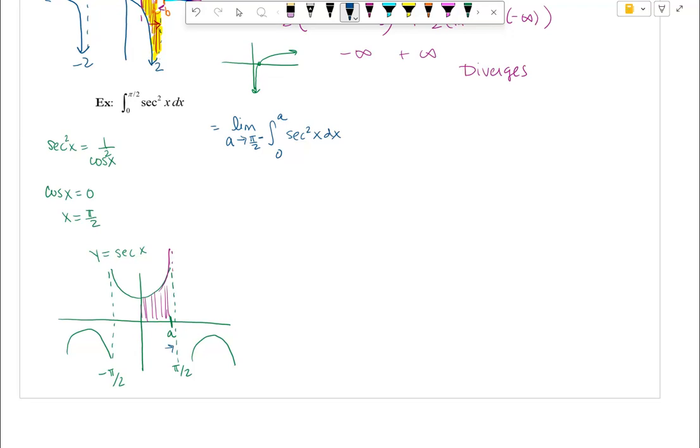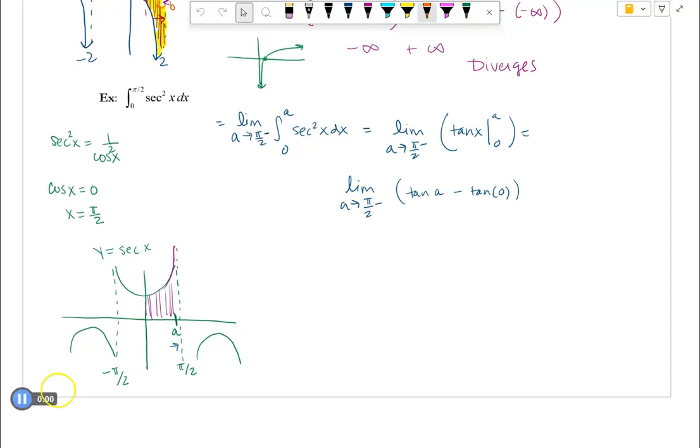Now, fortunately, that's a pretty easy antiderivative. So I've got my limit. And the antiderivative of secant squared x, I know, is just the tangent of x. So when I go ahead and apply the second part of my FTC, I've got the limit as a approaches pi over 2 from the left of the tangent of a minus the tangent of 0.